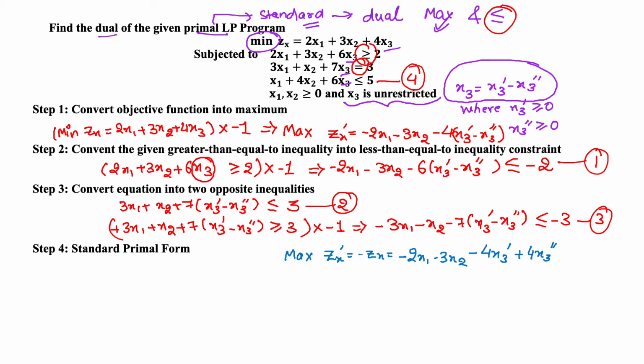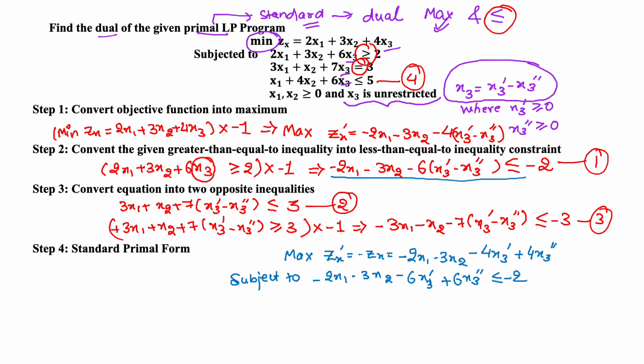Second, the constraint equations. Subject to: the first constraint equation, rewrite it, minus 2x1 minus 3x2 minus 6x3 dash plus 6x3 double dash less than or equals to -2.